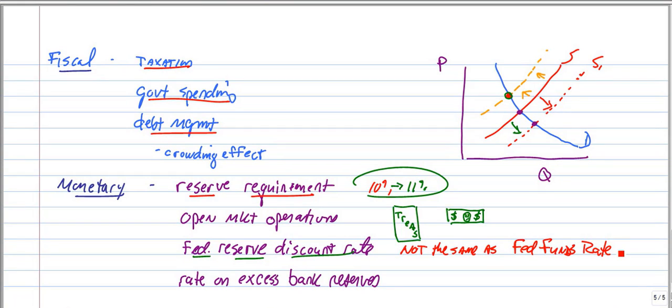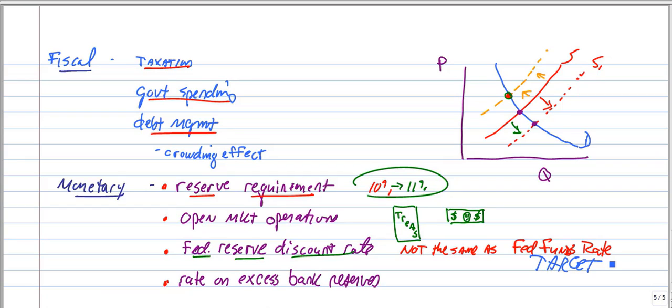So even though the Fed tools are the reserve requirement, open market operations, the discount rate, and the rate on excess reserves, and what we hear about is how the Fed increases or decreases the interest rate, just so you'll know, they usually target this rate. They target the federal funds rate, but they don't directly control the Fed funds rate.